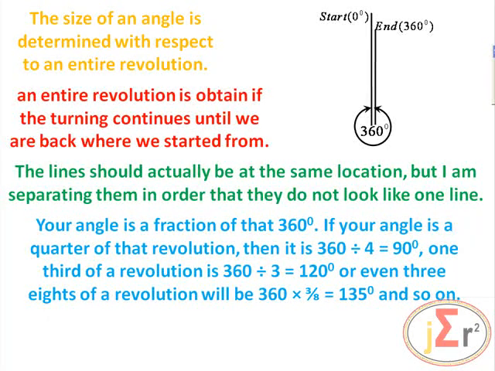And you know that 90 degrees is the angle represented as one right angle. And it is also the angle represented by perpendicular lines. So perpendicular lines are at right angles to each other, and the angle is 90 degrees, and it is also a quarter of a revolution.